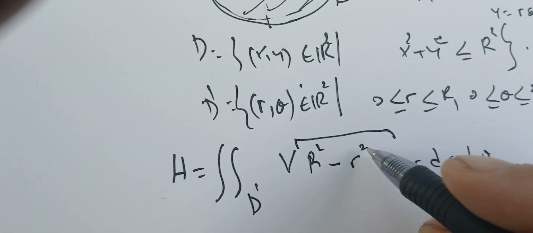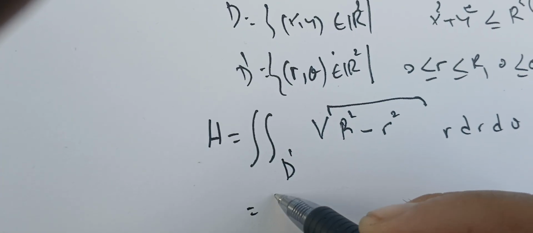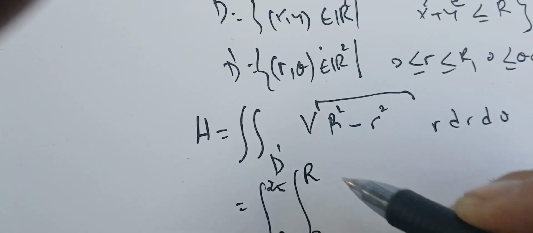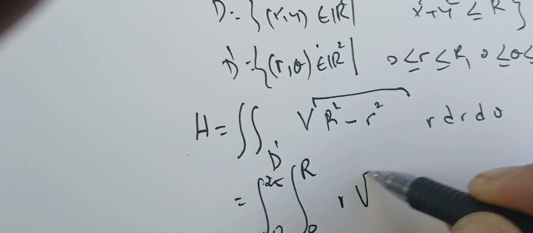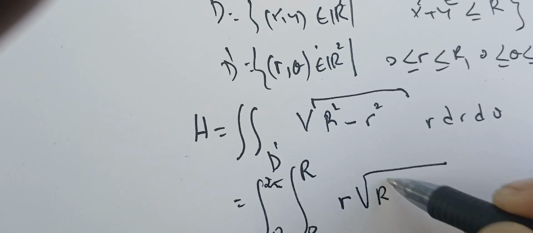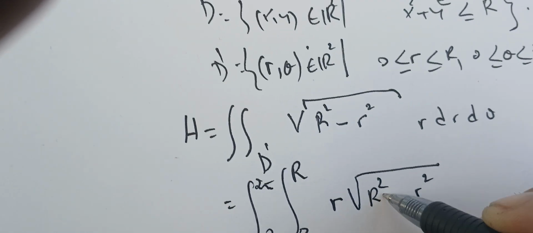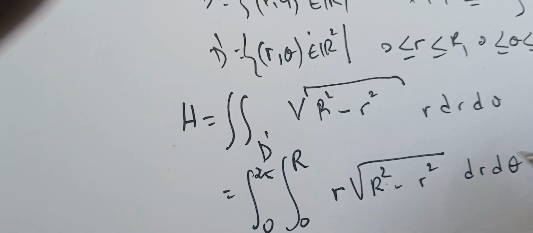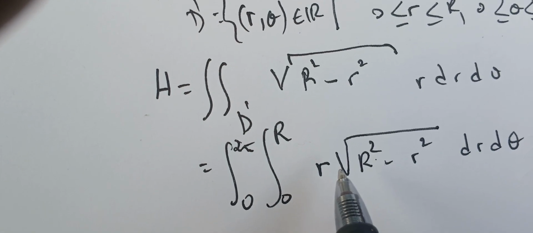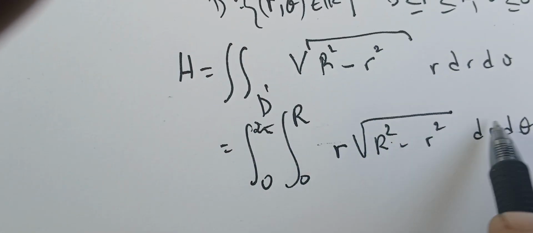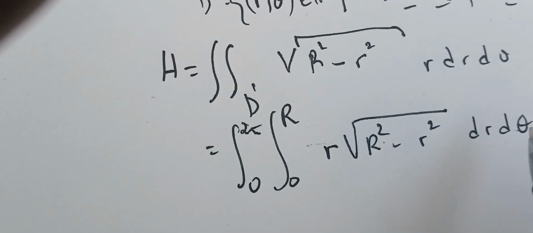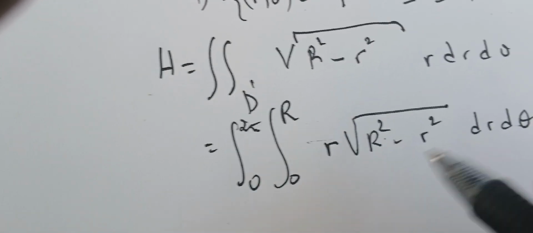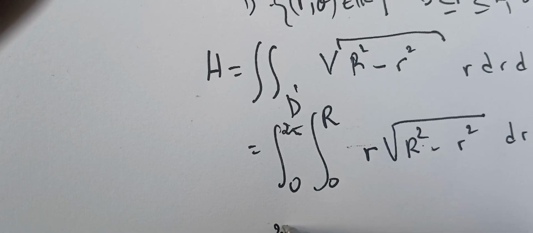Therefore, we can integrate between 0 and 2 pi and 0 and big R our function, the square root of big R squared minus small r squared, times r dr d theta. Now we see that these two are independent of each other, so we integrate with respect to theta because it's easier. We're going to have 2 pi.